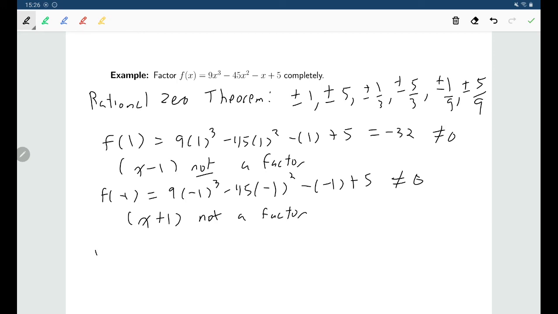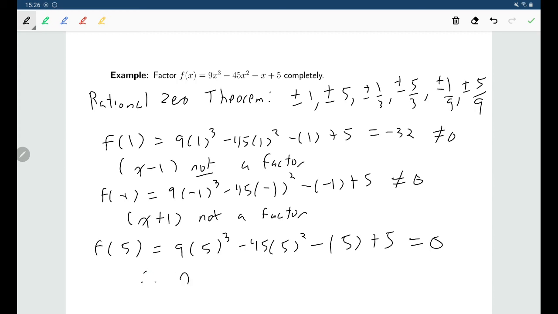Let's try +5. And there we go. When I ran this through my calculator, this is equal to 0, which means that x minus 5 is a factor.